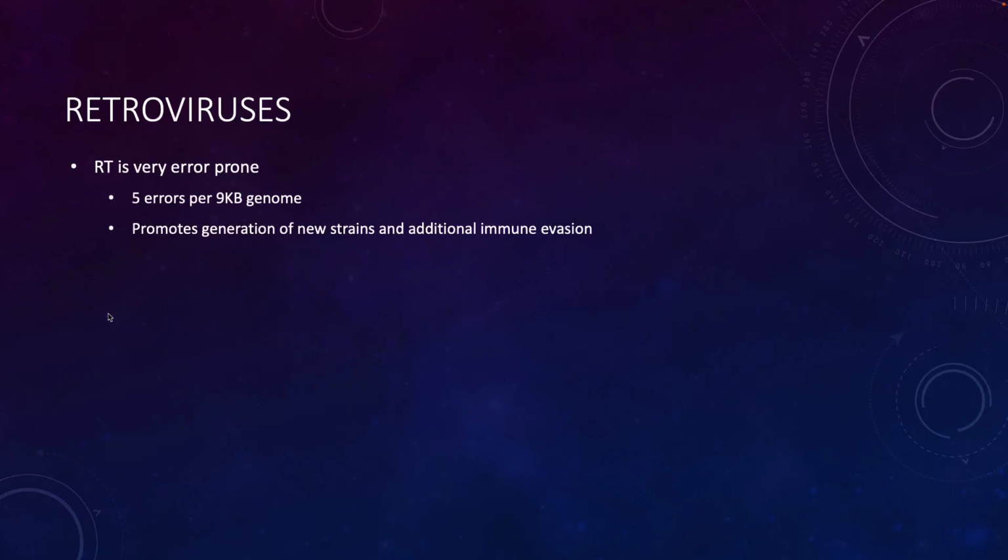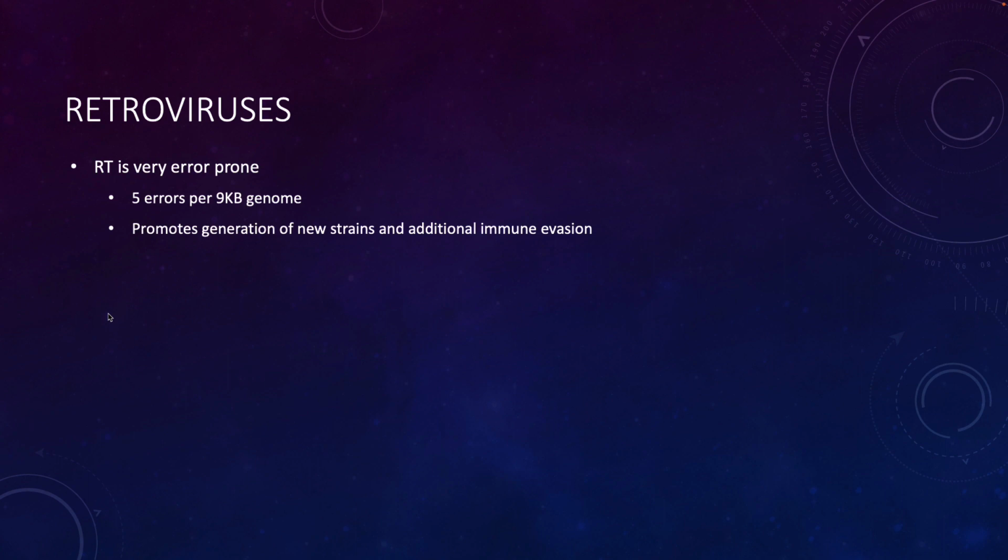One of the other things to remember about retroviruses in general, but also just even thinking about HIV specifically, is that the reverse transcriptase enzyme is very error prone. They estimate up to 5 errors in 9,000 base pairs, so in the whole genome.